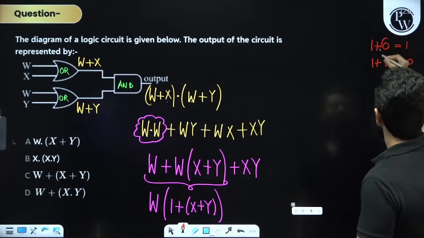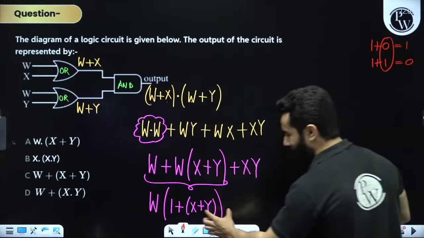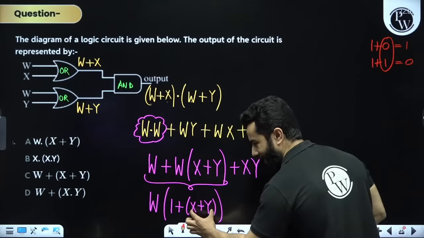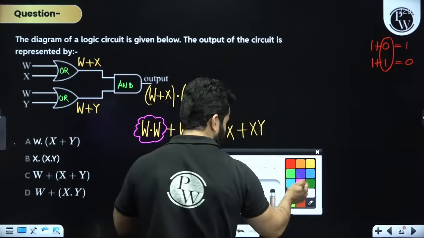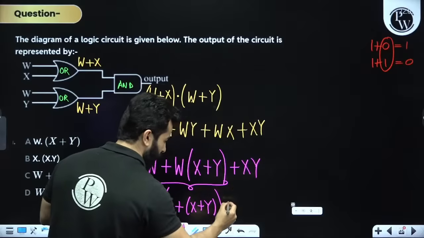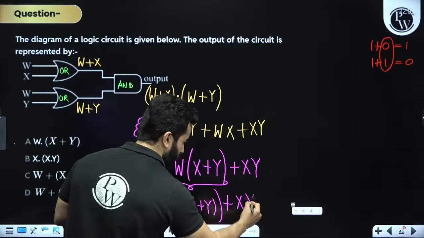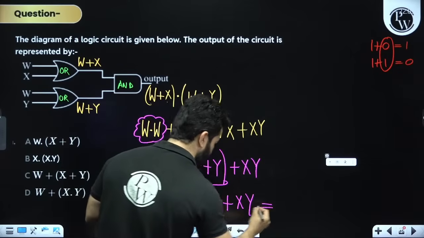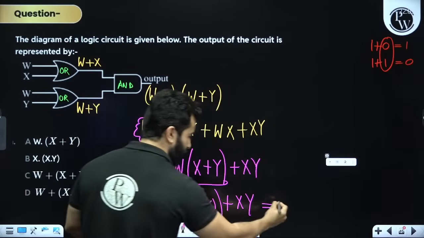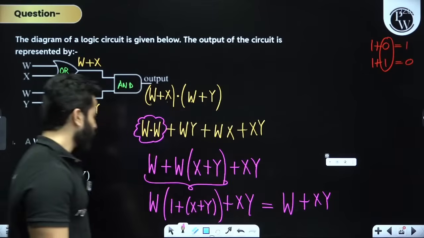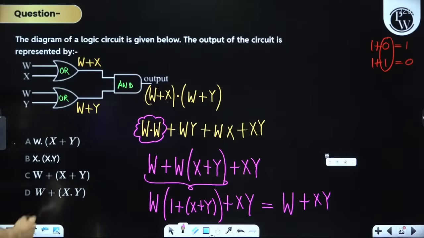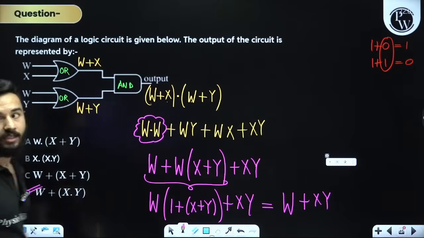So it doesn't really matter what X plus Y is. 1 plus X plus Y will be 1. So now solving this, 1 plus this will become simply W plus XY. W plus XY, D is the correct answer.